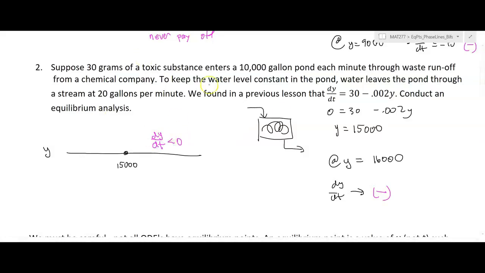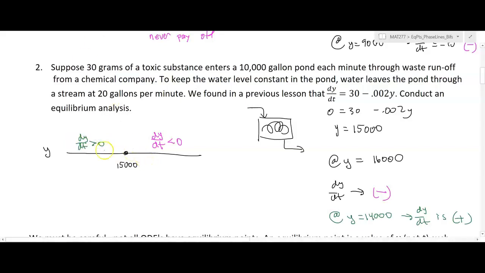If we look at another value that is less than 15,000, say y equals 14,000, then we're going to get dy/dt is positive. So here dy/dt is bigger than 0.